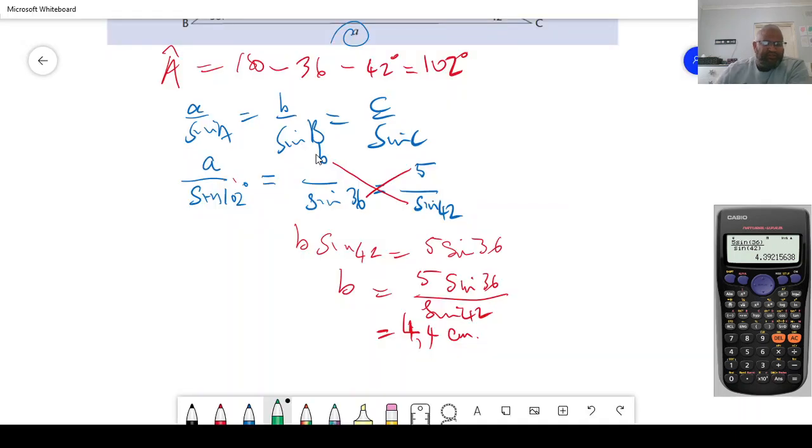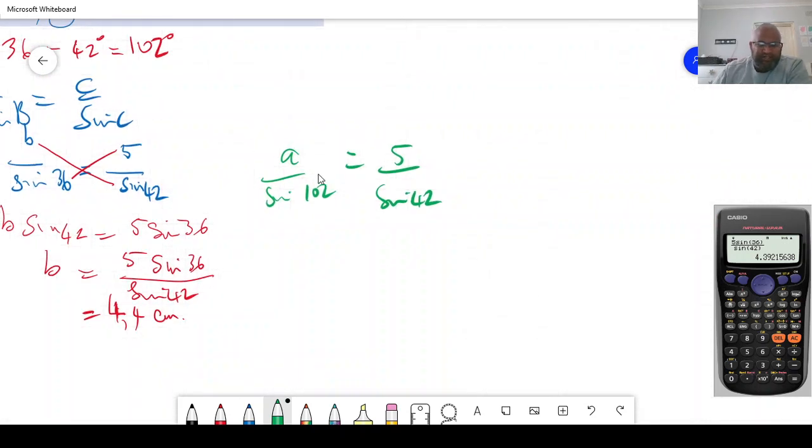But if I have a choice of what to use, I'd rather use what is known to me, because if you had made a mistake here, it would filter into a mistake in the next answer. So I'm going to rather say that a over sine 102 is equal to 5 over sine 42.